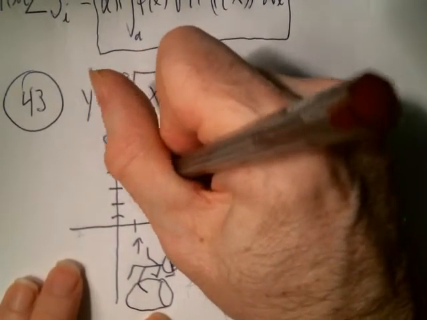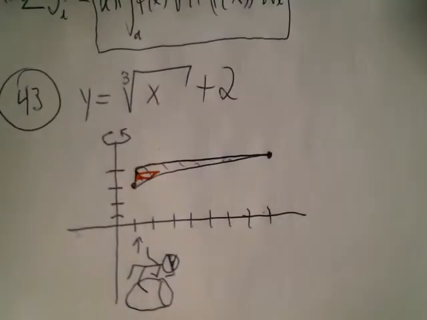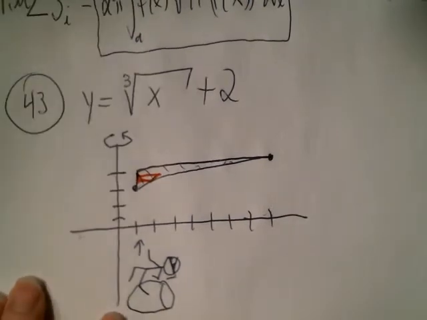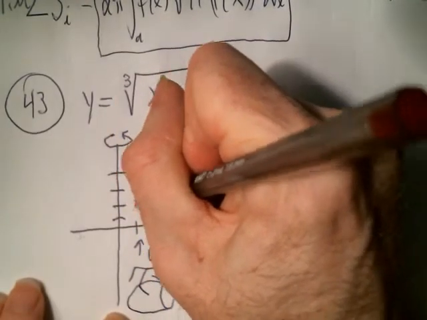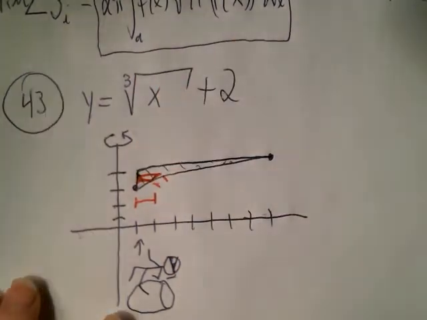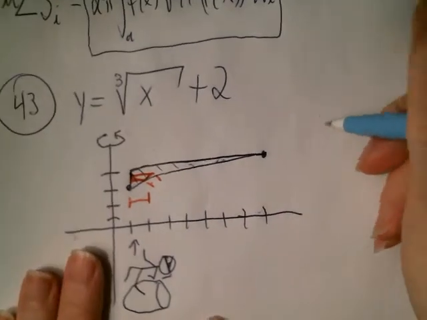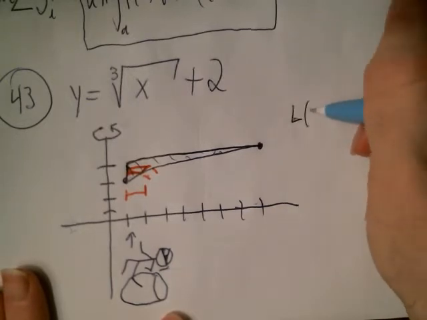So here's one of my little rectangle-ish thingamajigs. I need a radius function, which will be just this distance from here to here. And then I also need an arc length function, which is this distance from here to here. So it's in terms of y. So I'll have some L of y function.